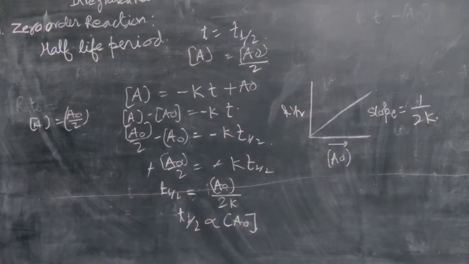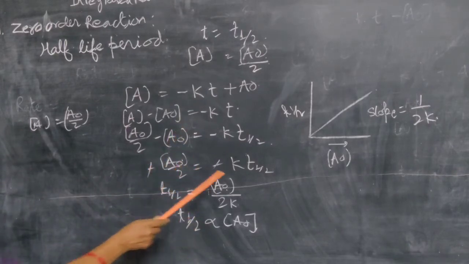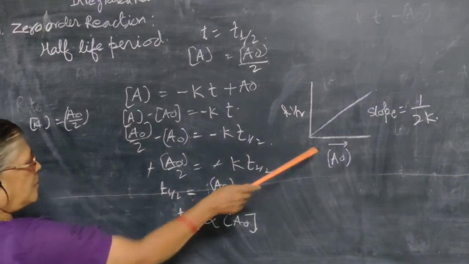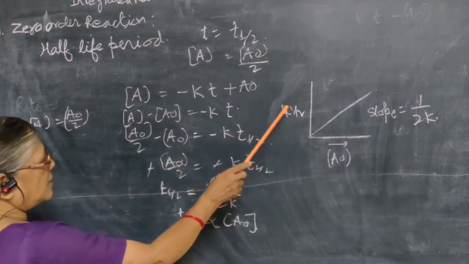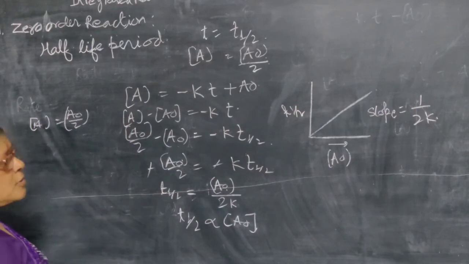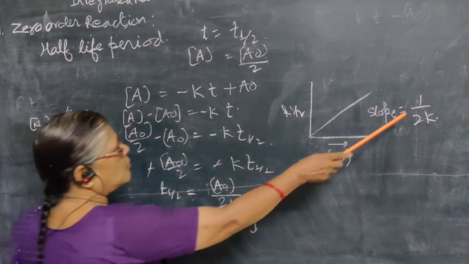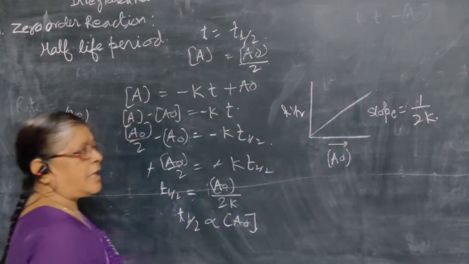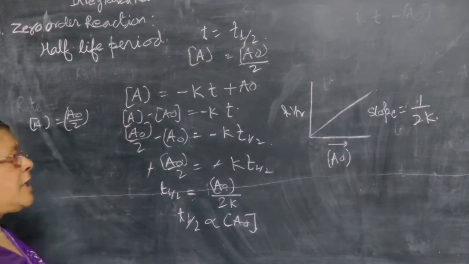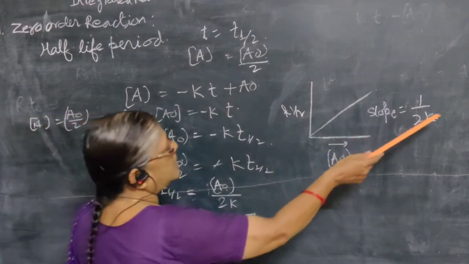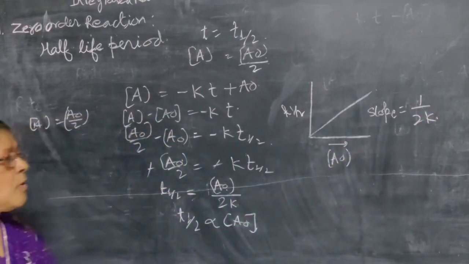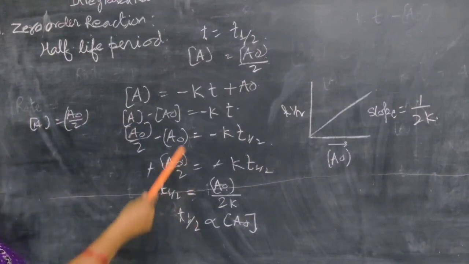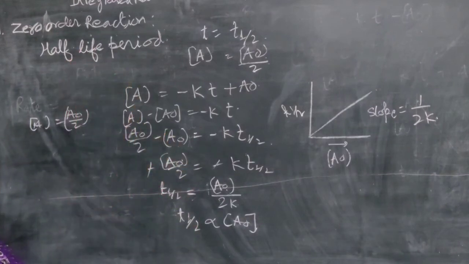When you plot a graph according to this equation, A0 versus T half, then the slope of the line will be equal to 1 upon 2K. Now this is again a straight line. So this is all about the T half for the zero order reaction.